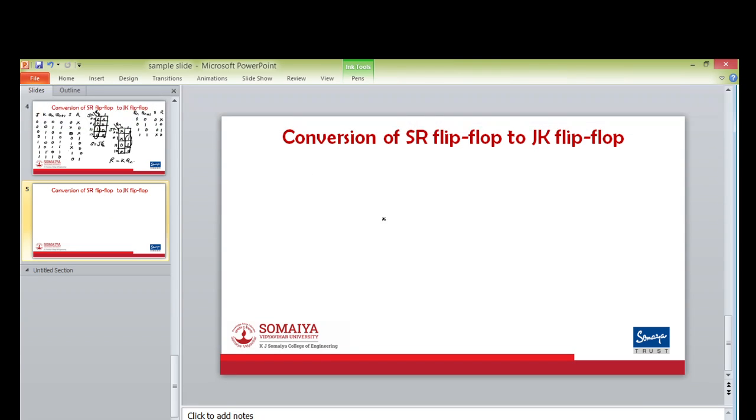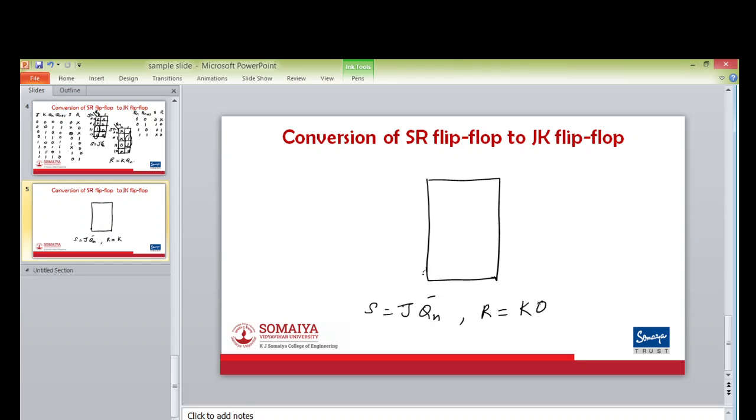I'll draw the diagram. The SR flip-flop is the given flip-flop, and my S equals J Qn bar and R equals K Qn. So this is S. I'll have a J here.